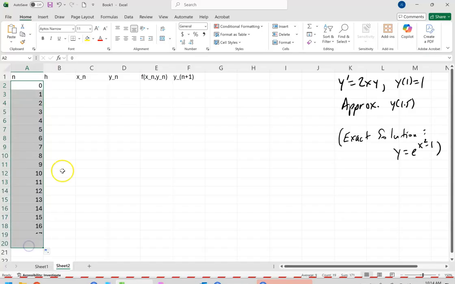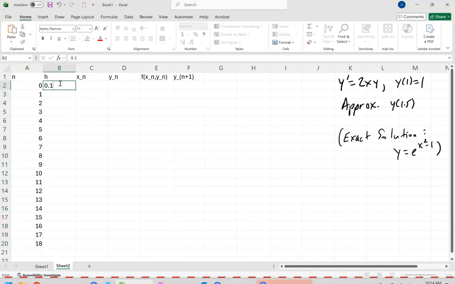Yeah, I'll go ahead and copy all the way down there. It says first use h equal to 0.1. Those are the directions. Our initial x value is what? 1. Our initial y value is 1.